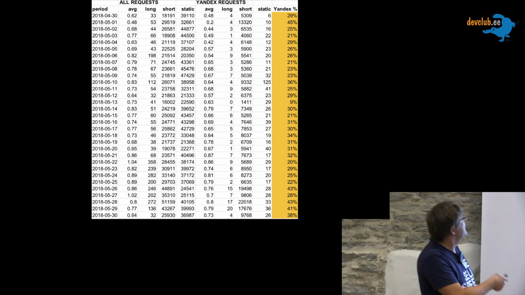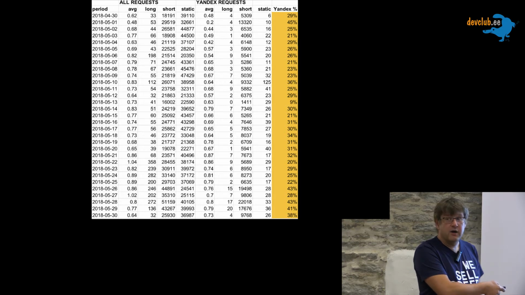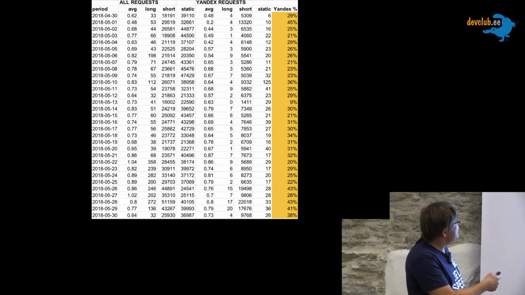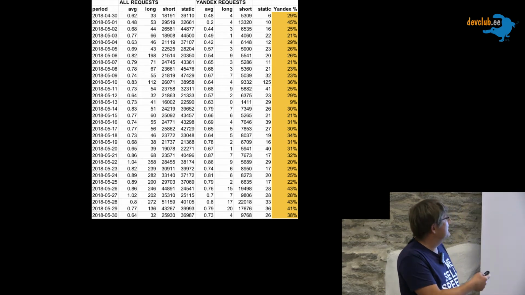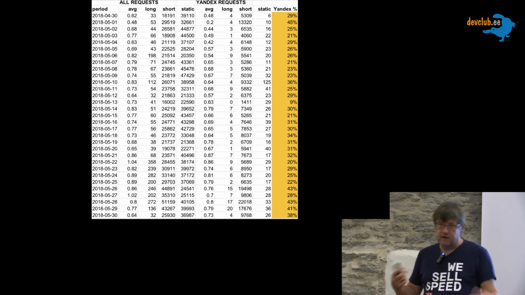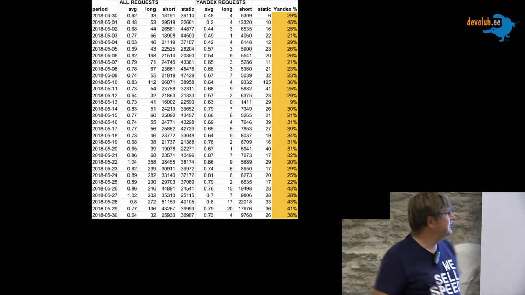So it's visible that short is the PHP requests served under 5 seconds, long is those served over 5 seconds, average is the total average, and static is the number of static files like images and CSS loaded.